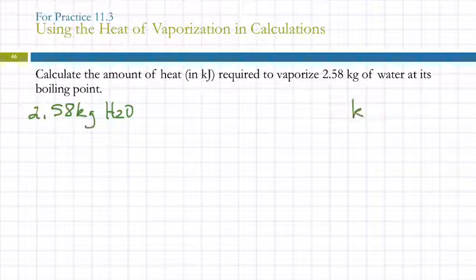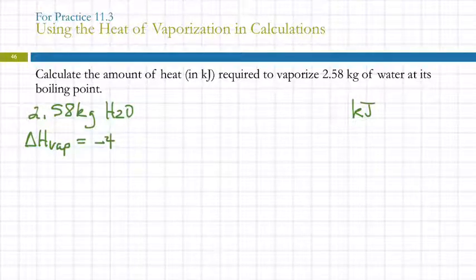So over here we want kilojoules. And then we have to figure out how to get from one thing to the other. A piece of information that we have to look up is the heat of vaporization for water. And that's negative 40.7 kilojoules per mole. It was on the previous slide.